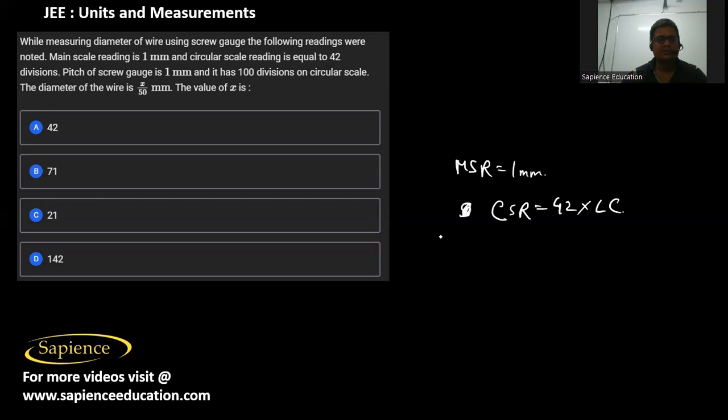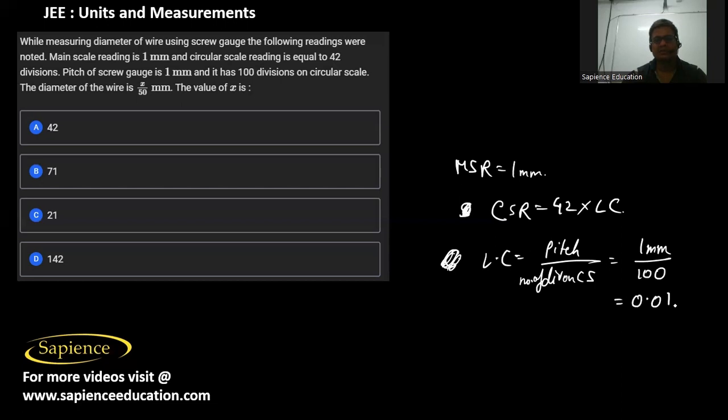Now the pitch of the screw gauge is 1 millimeter and it has 100 divisions on the circular scale. So the least count will be equal to the pitch of the screw gauge divided by the number of divisions on the circular scale. So the pitch will be 1 millimeter divided by 100, that is equal to 0.01 millimeter.